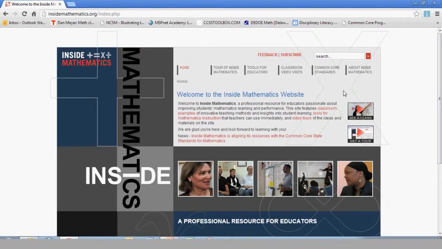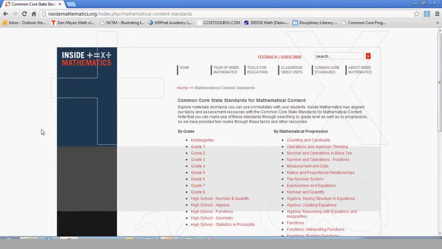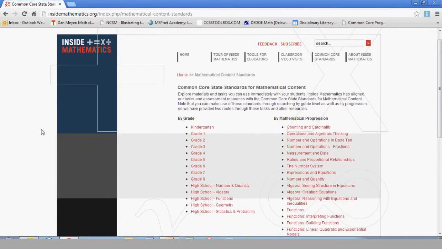So I'm going to click on Common Core Standards, and when that opens up, you'll see some different pieces for the Common Core, but I'm actually going to go to the content standards. You can look at the mathematical practices, but we're going to look at the content standards.